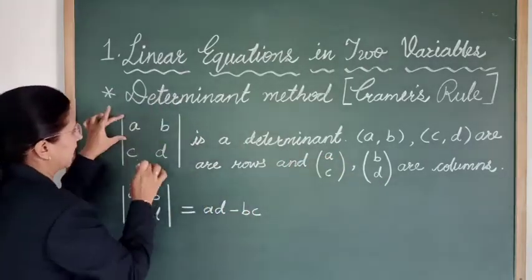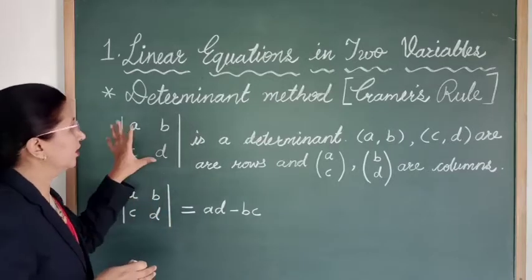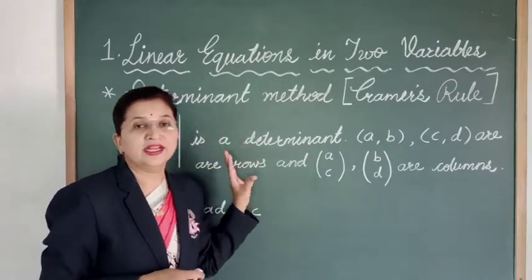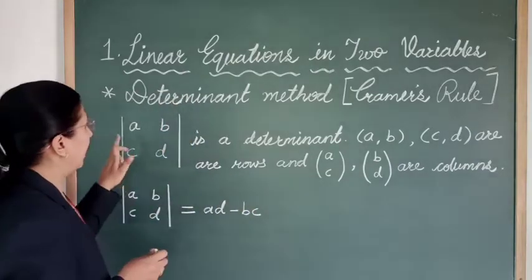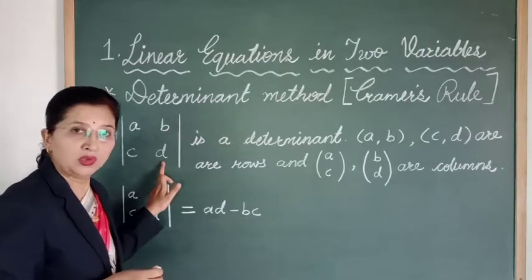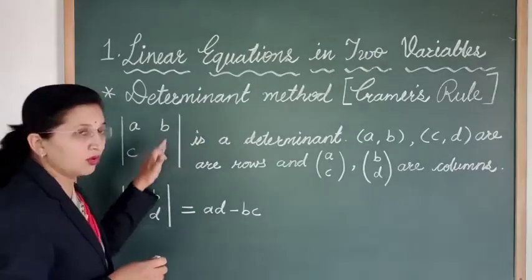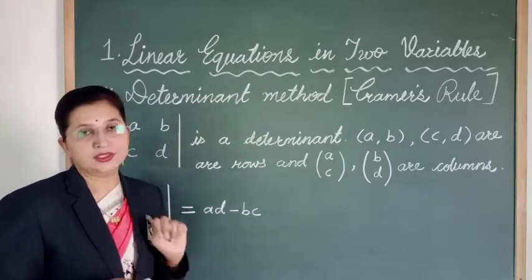So these are the rows and these are the columns. The degree of this determinant is 2 because there are two elements in each row and two elements in each column.